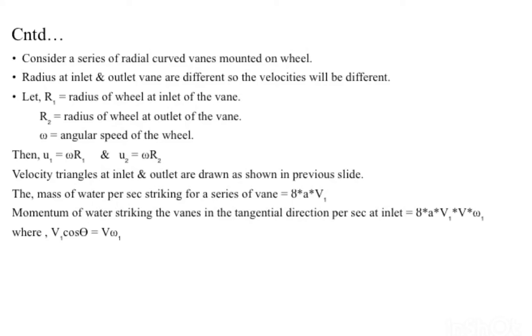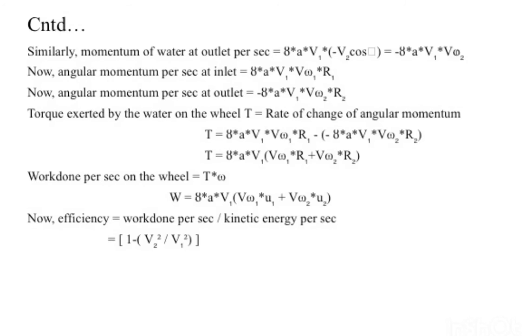The momentum of water striking the vanes in the tangential direction per second at inlet is mass into the component of velocity in the tangential direction, so rho into area into V1 into VW1. Here V1 cos theta is VW1. Similarly, the momentum of water at outlet per second is again mass into the tangential component of velocity, so rho into area into V1 into (minus V2 cos beta). At outlet the angle is beta. The negative sign is due to the opposite direction.